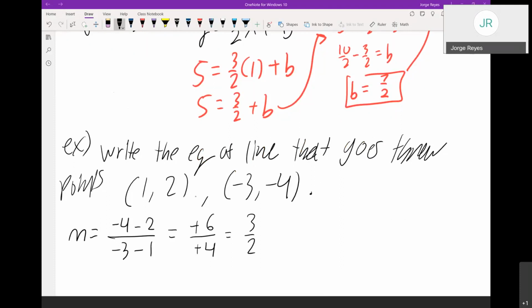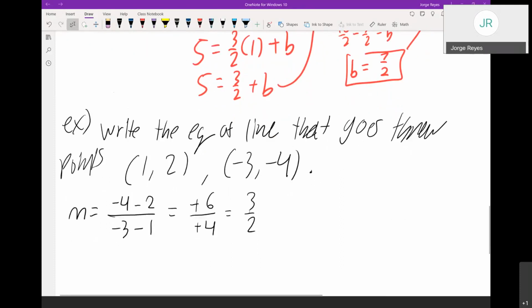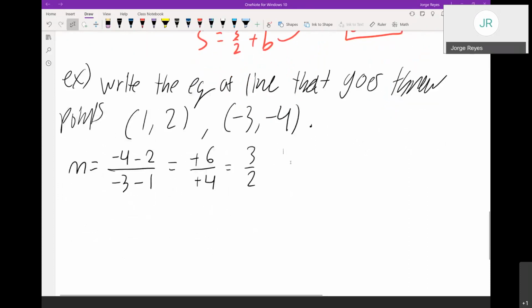Okay, so the slope is 3 over 2, and now we have slope and we have points, so we can use point slope form. So y minus 2 equals 3 over 2 times (x minus 1).